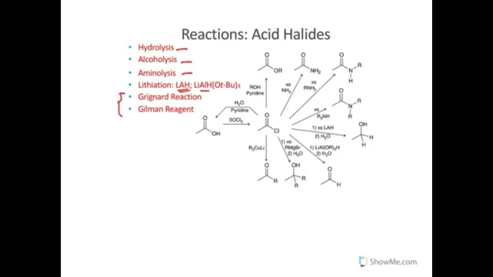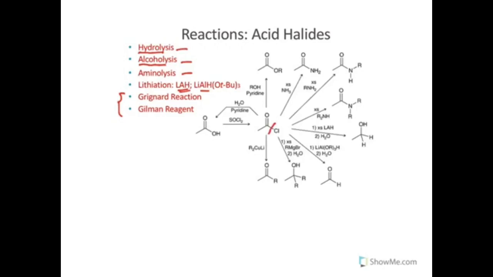Then we're going to look at the processes involved. For example, when we use water, that's going to be hydrolysis. If we use alcohol, we're going to call it alcoholysis, and that is due to the fact that we are cleaving off the substituent, which we said is acting as a leaving group and controlling the reactivity.